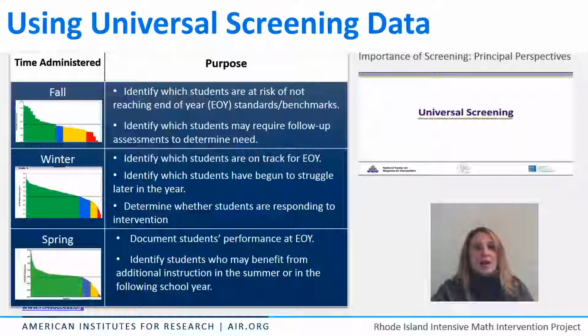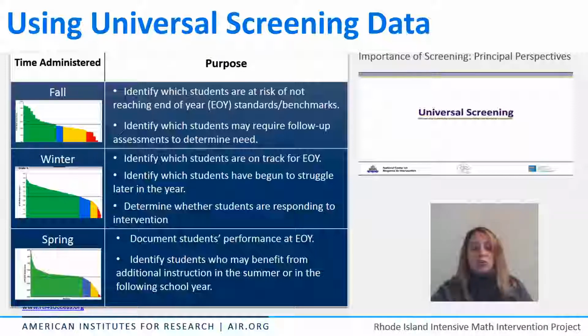Another example is in the winter, we can identify which students are on track to meet the end of year benchmark. We can use it to identify students that might have begun struggling, but were not necessarily at risk in the fall, and we can determine whether students are responding to current interventions. Compared to in the spring, we can use the universal screening data to document students' end of year performance and identify which students might benefit from additional instruction over the summer or at the start of the following school year.